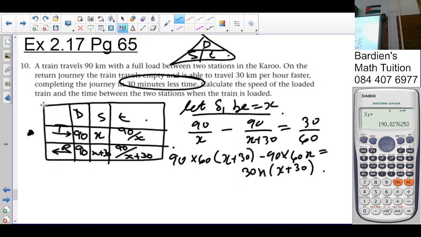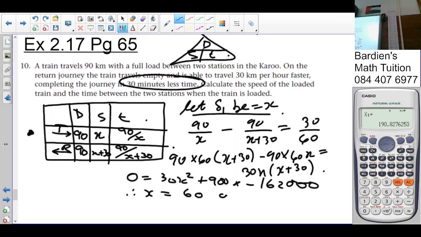Once you simplify and multiply all those out, you get a quadratic equation of 30x squared plus 900x minus 1,623,000. Therefore, x works out to be 60 or x works out to be negative 90. Can the train be doing a negative speed? No, so it can't be that one.